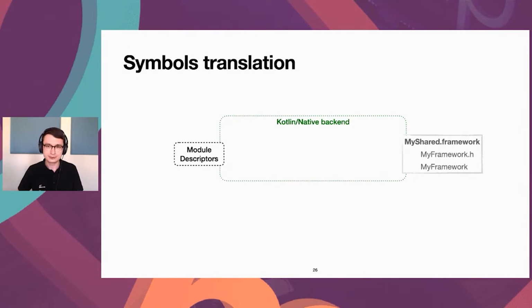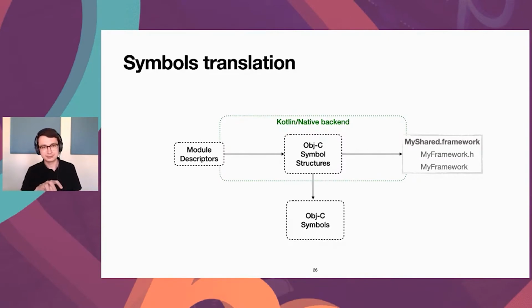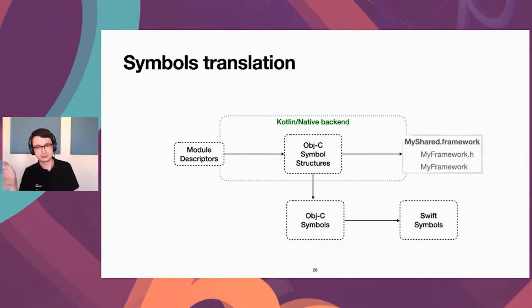What we introduced is an additional layer between module descriptors and the generated header, which represents Objective-C symbols. From these intermediate structures, we could get real Objective-C symbols. And these Objective-C symbols could be translated to Swift symbols.